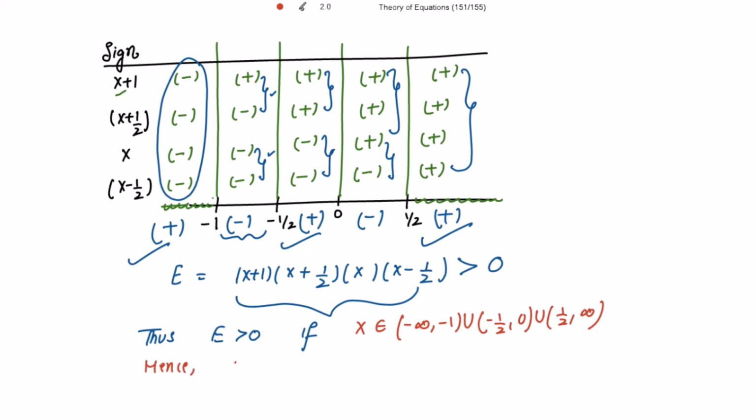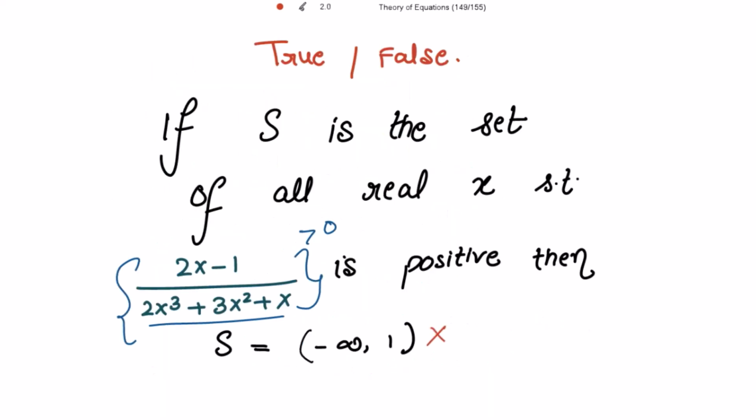Hence, S is equal to minus infinity to minus 1 union minus 1/2 to 0 union 1/2 to infinity. So the given interval is not the solution. So this statement is false. Alright, thank you.